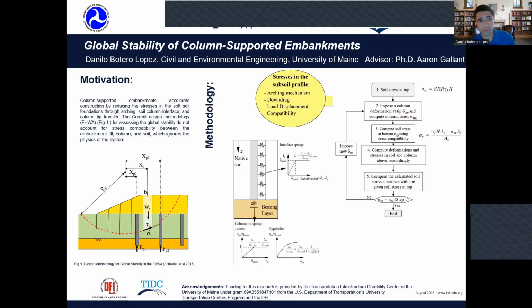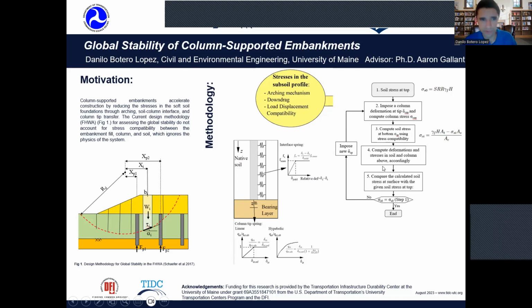So the methodology to assess this is, okay, let's first focus on calculating well the stresses in the soil. For doing that, we have this procedure, and it's just putting the stress due to the arching, which is the SRR, the stress reduction ratio. And then we use a stress compatibility, because the load cannot increase or decrease.